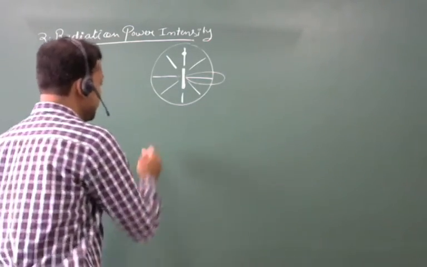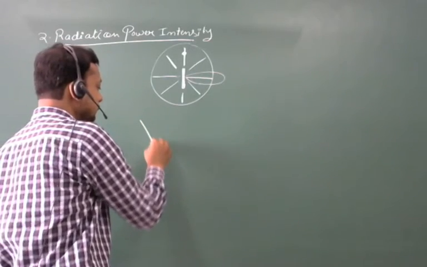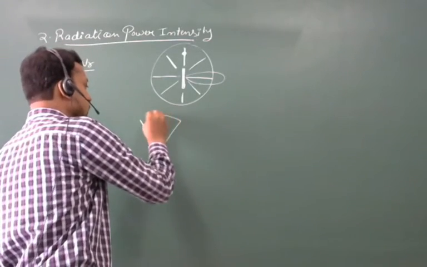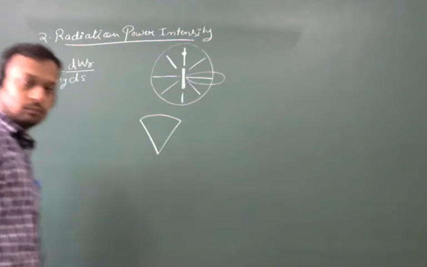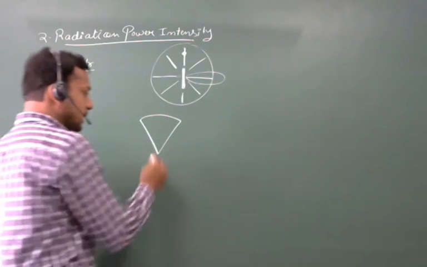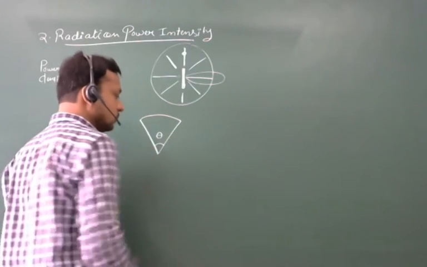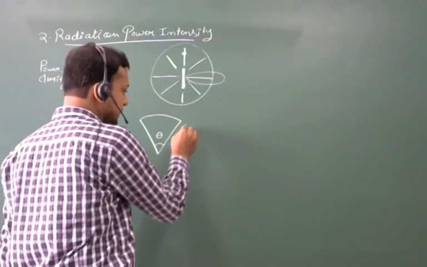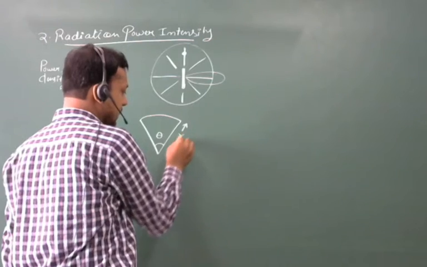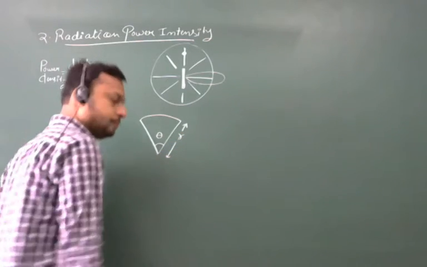So suppose this is your arc. So this arc has an angle, say theta, and this is the radius r of this given arc.